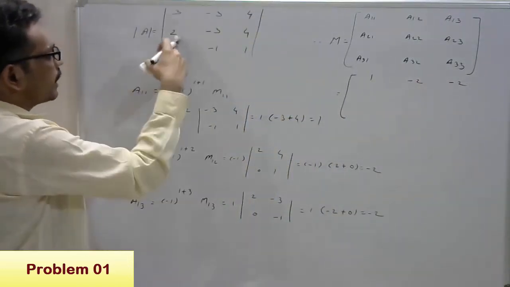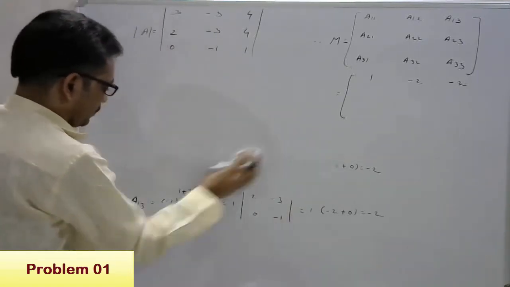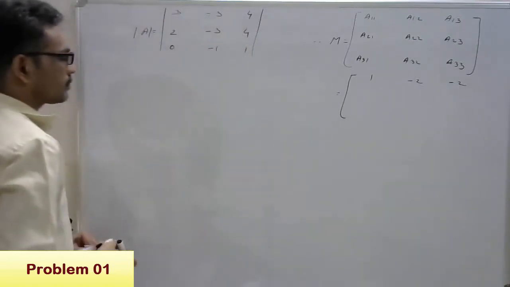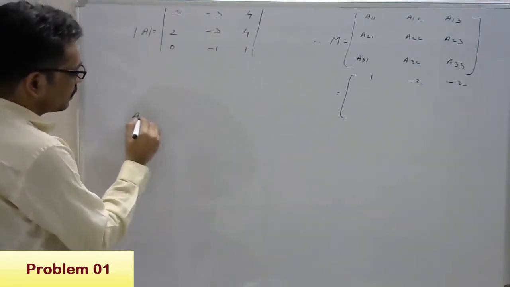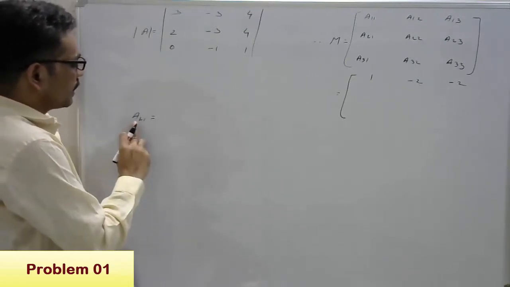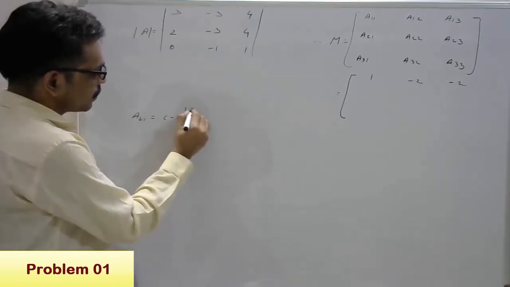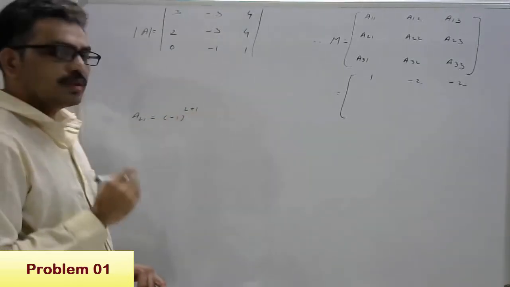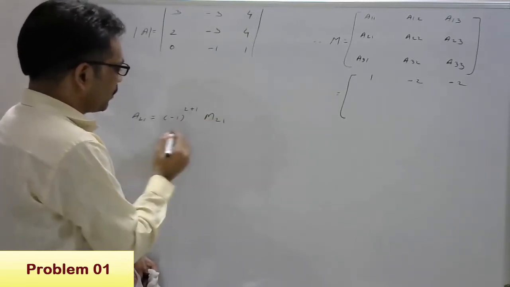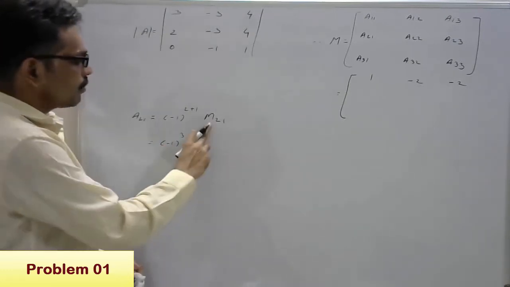Now to find the element A21. A21 is equal to minus 1 raised to 2 plus 1 into the minor M21, which is equal to minus 1 cubed into the minor M21.